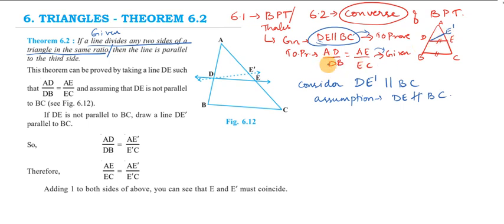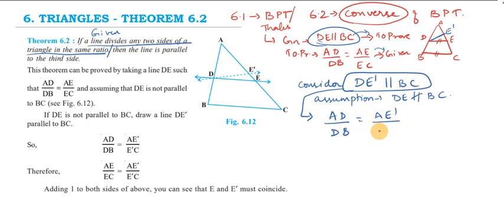Now, we are already given that AD by DB is equal to AE by EC. If DE dash is parallel to BC, under this consideration, if we apply the Thales theorem, then we can say that AD by DB is equal to AE dash by E dash C. But we are given that AD by DB is equal to AE by EC.